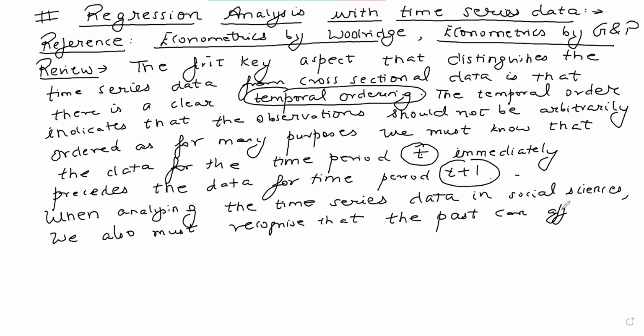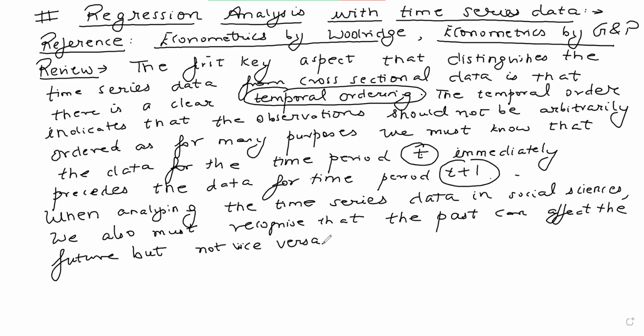The past can affect the future, but not vice versa. So when we talk about temporal ordering, observations in the past can definitely have an impact on the future, and they will in most of the cases, but the future cannot impact the past.